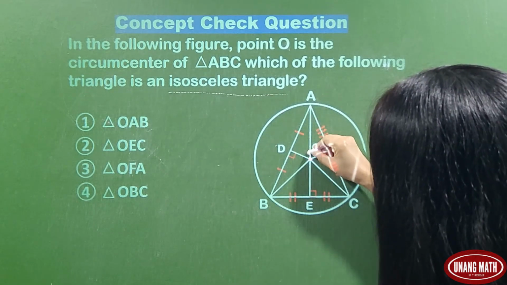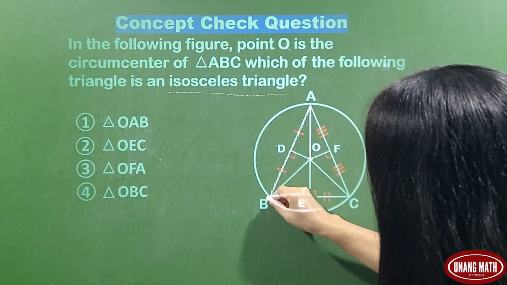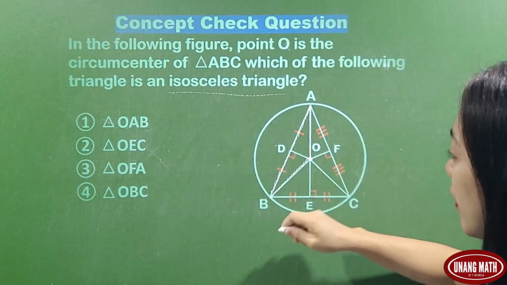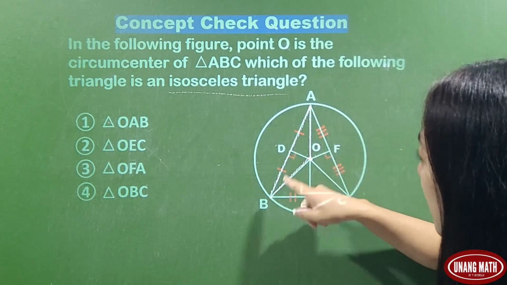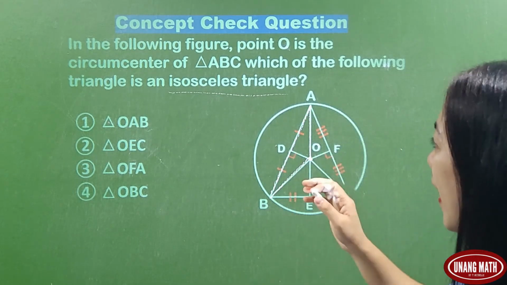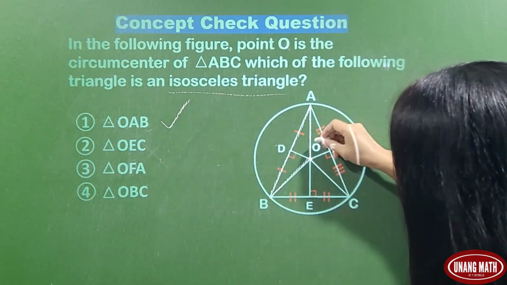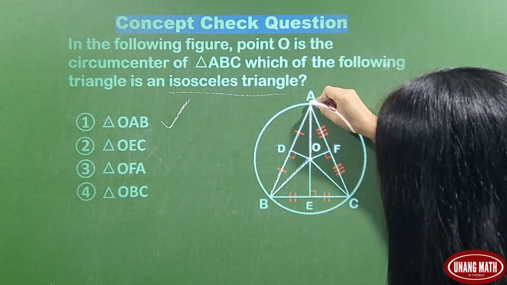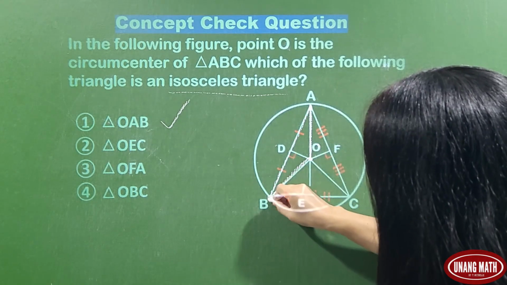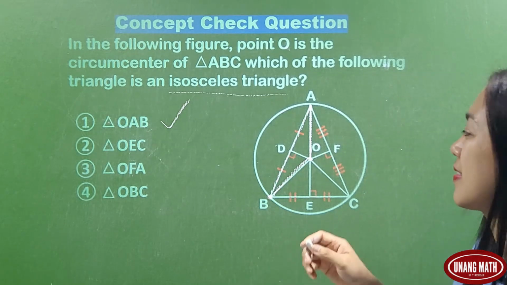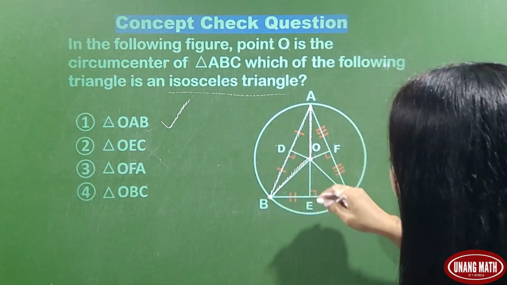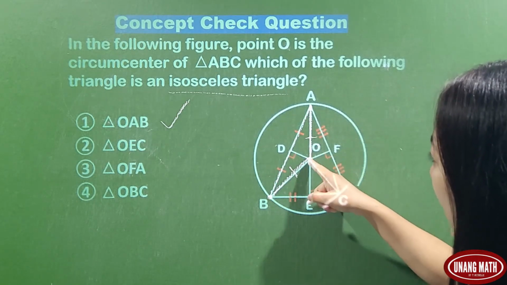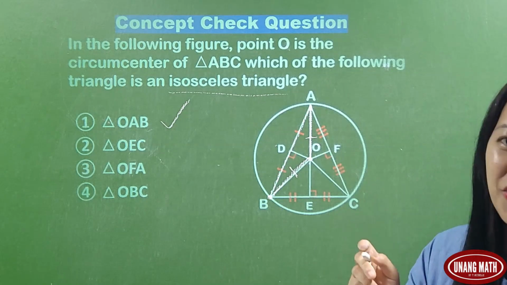Is triangle OAB an isosceles triangle? The answer is yes, since the distances from the circumcenter to the vertices of the triangle are equal because these are the radius of the circle. So this side is equal to this side, so this is an isosceles triangle.